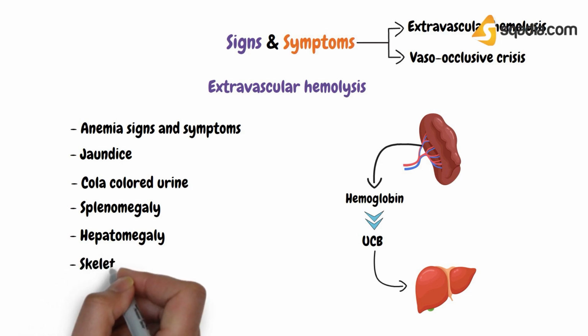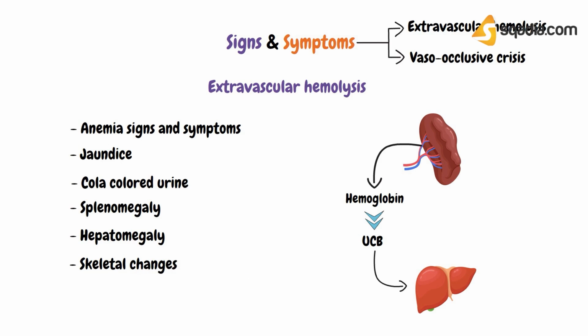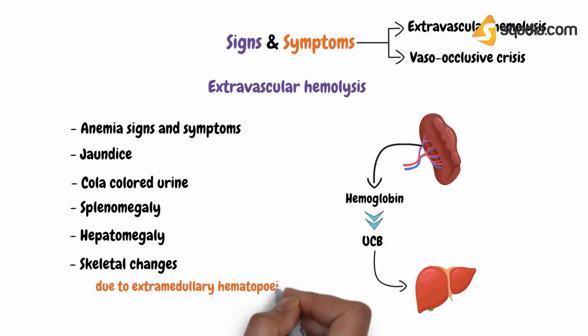And we will also see some skeletal changes in people with sickle cell anemia due to extramedullary hematopoiesis, which just means that because of the hemolysis of red blood cells, the body tries to produce more and more red blood cells to compensate. And the red blood cells are produced in the medulla of bones.